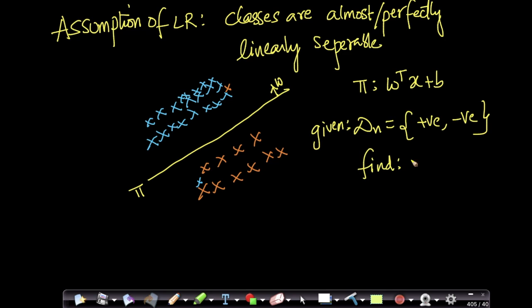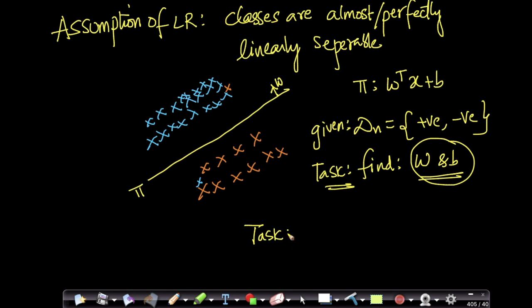You have to find w and b, because if you find w and b, you have discovered the plane. The task in logistic regression is to find w and b, which corresponds to the plane, such that this plane separates your negative points from your positive points. That's the task, and it needs to be understood very clearly.